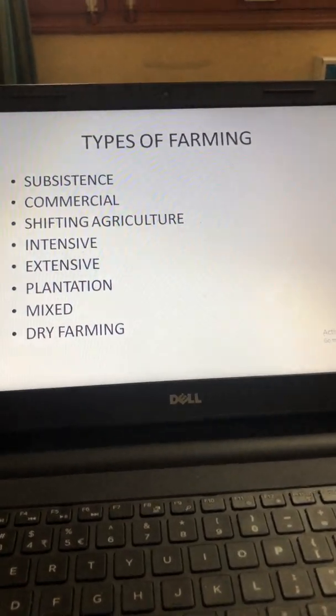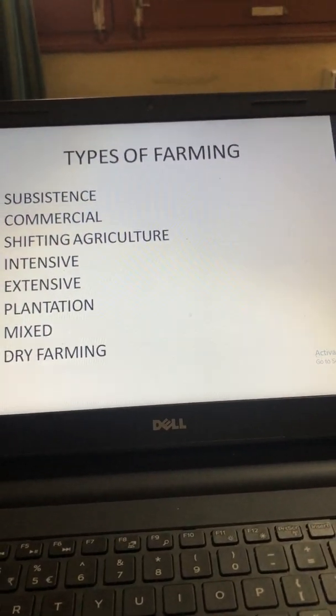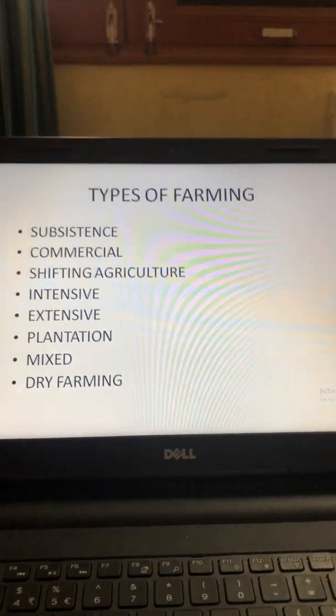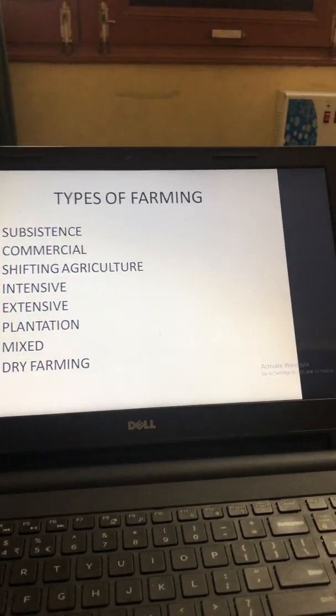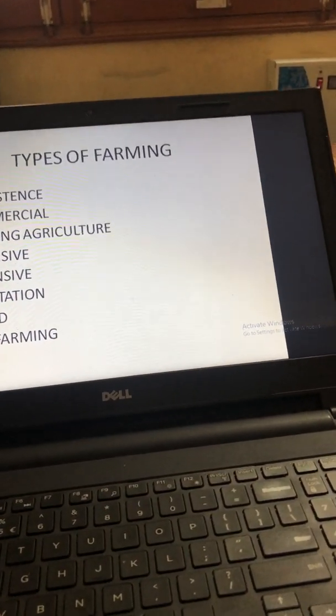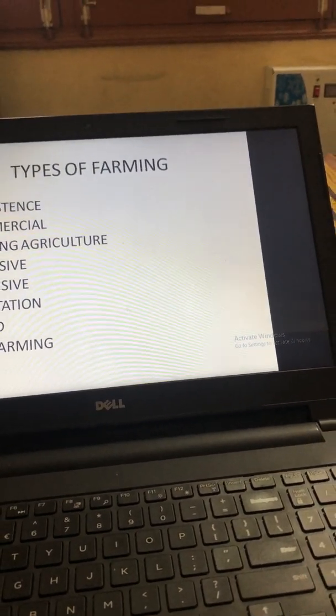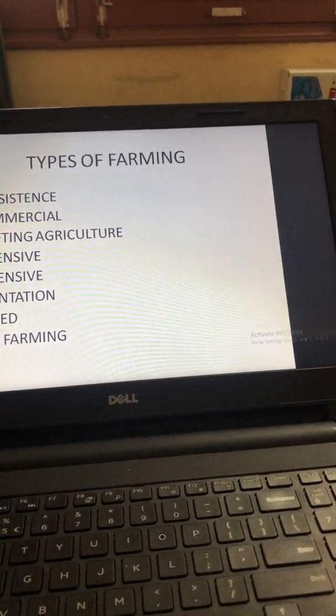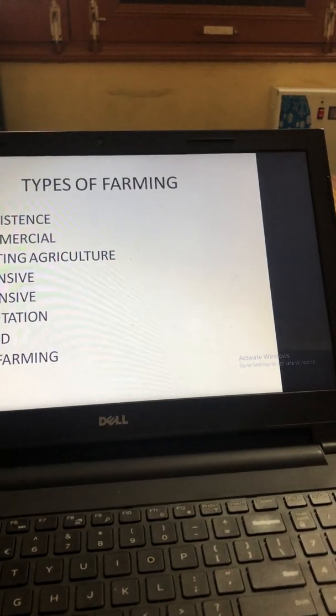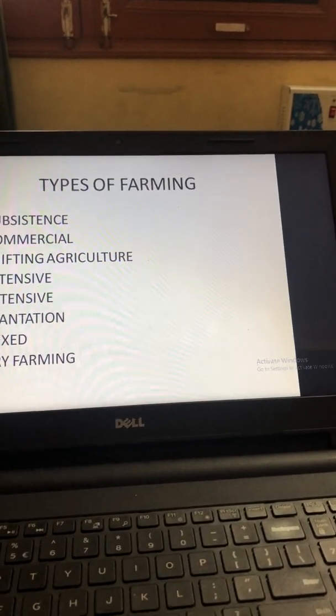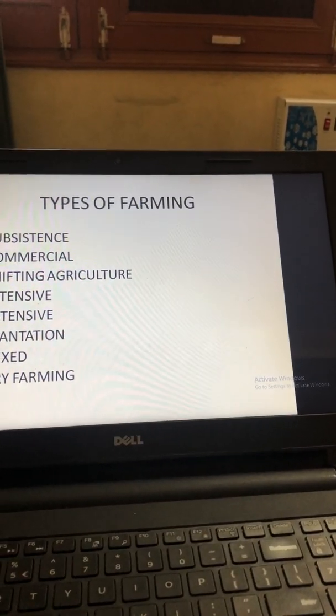So this subsistence farming is practiced in some of the tribal regions of Madhya Pradesh, and the commercial farming is carried out in the states of Punjab, Haryana, Western Uttar Pradesh, Gujarat, and Andhra Pradesh.